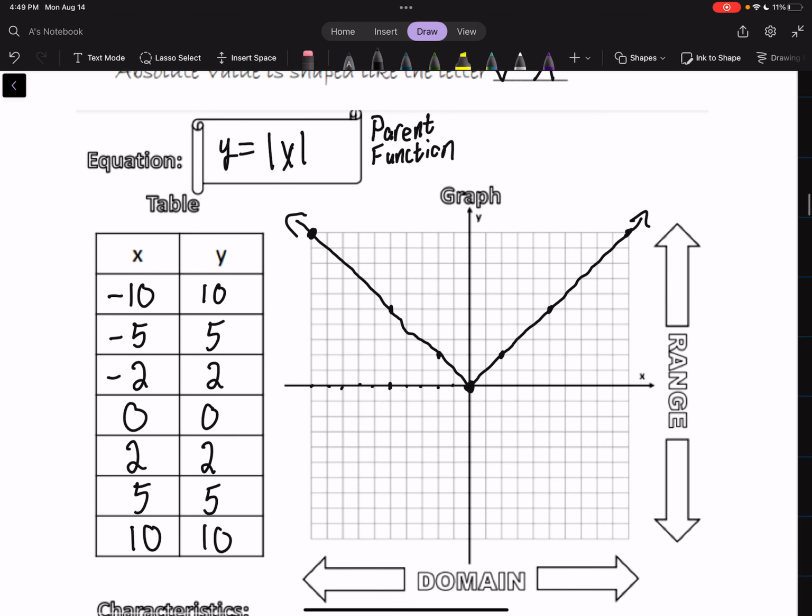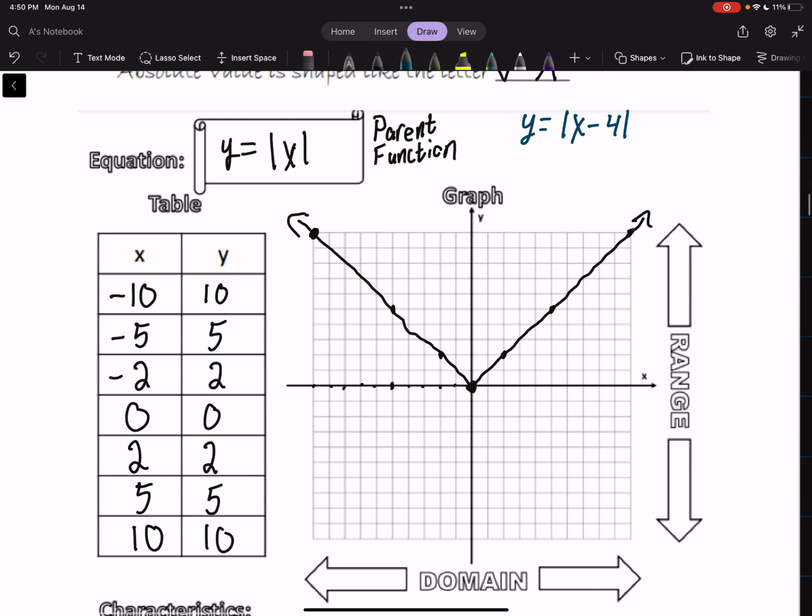Okay, I want to show you two more things, and we'll call it a wrap for the day. If we have y is equal to the absolute value of x minus 4, as an arbitrary number, we are going to move this graph 4 units to the right.